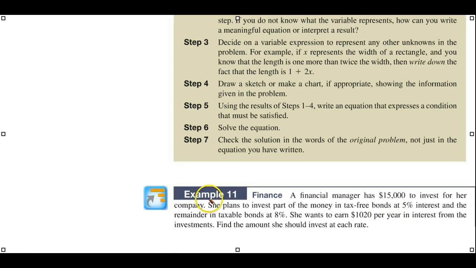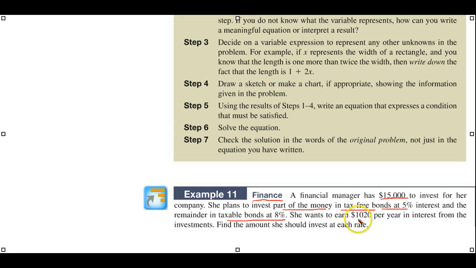Now, example 11 deals with finance. We have someone who has $15,000 to invest. She plans to invest part of the money in tax-free bonds at 5% interest, and the remainder in taxable bonds at 8%.